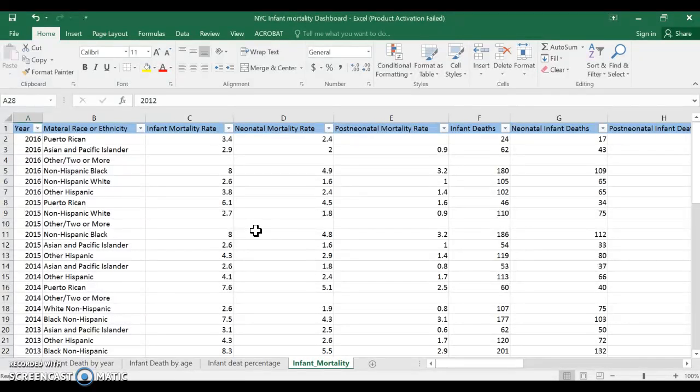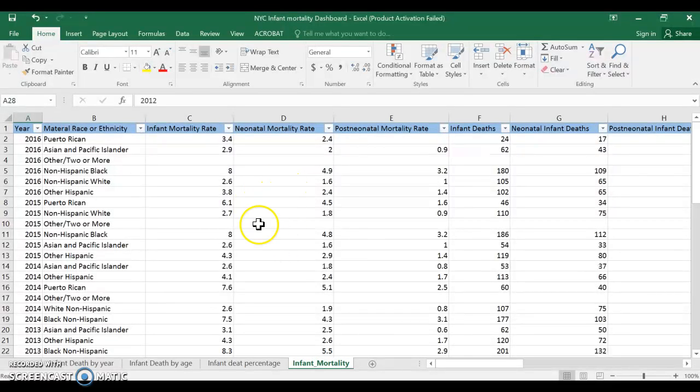The data website basically gives the number of infant deaths by year according to their maternal race, ranging from 2007 up until 2016, for 10 years.